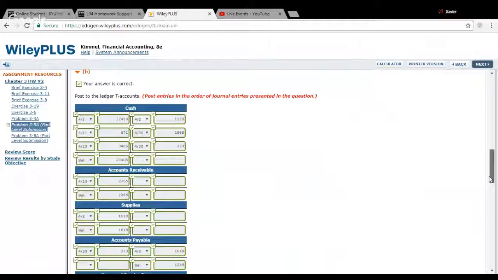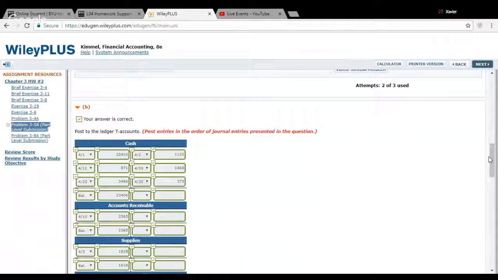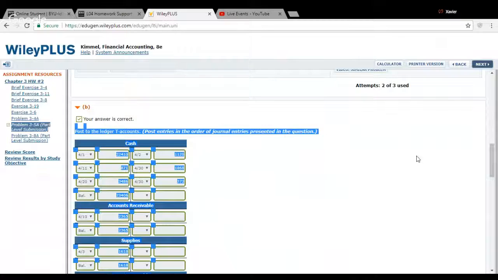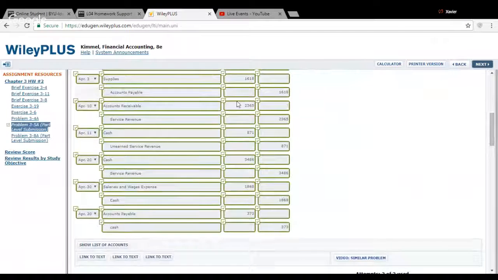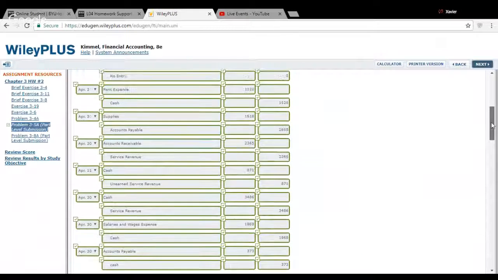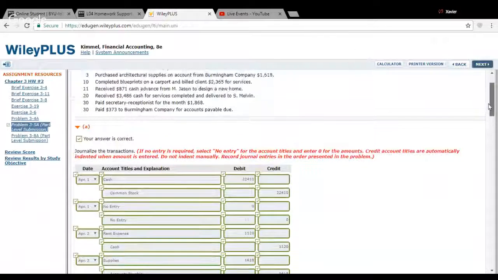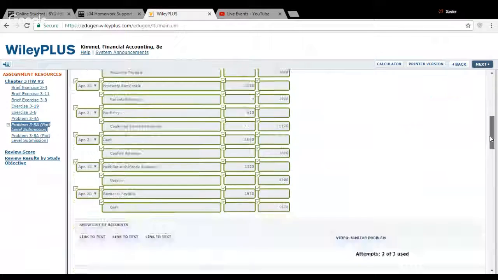And the same thing we do with accounts receivable. Accounts receivable only has one, where on April 10th we debited the account for $2,365. That was for the services that were done, where we completed blueprints, so we got paid for those services.